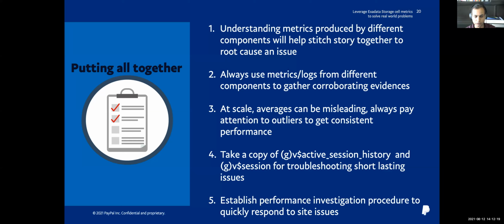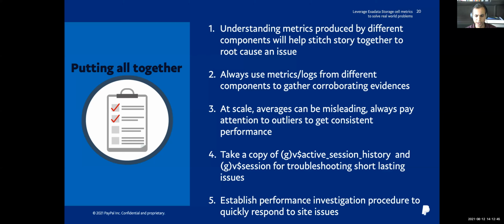And then the last thing is establishing the performance investigation procedures. I know every issue is unique in nature, but at least having some sort of procedures and making sure that every team member understands each and everything you put together in the procedure will help you respond to site issues.